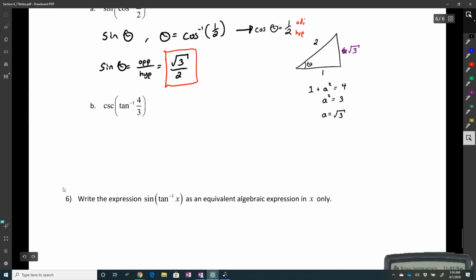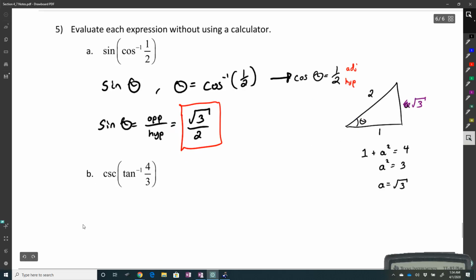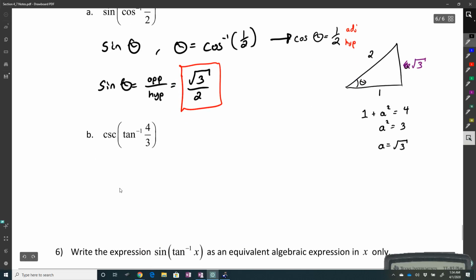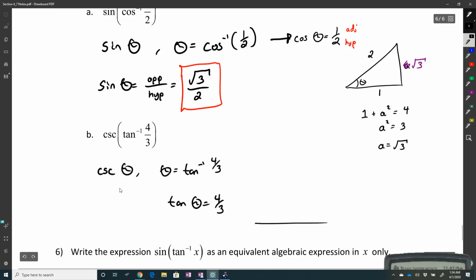Anyway, so this is cosecant of inverse tangent. So this is cosecant of theta, where theta is equal to inverse tangent of 4/3. So that means that tangent of theta has to be 4/3. So if I draw my triangle, tangent is opposite over adjacent.